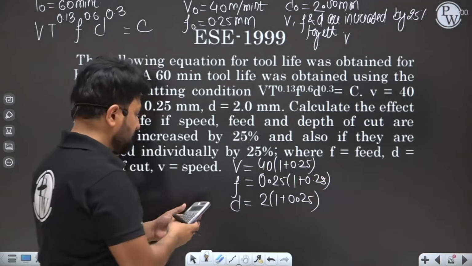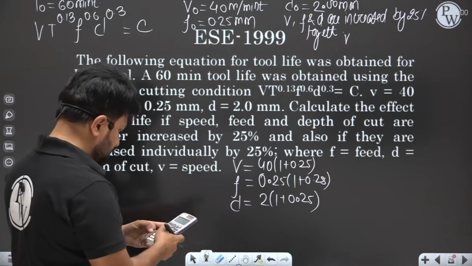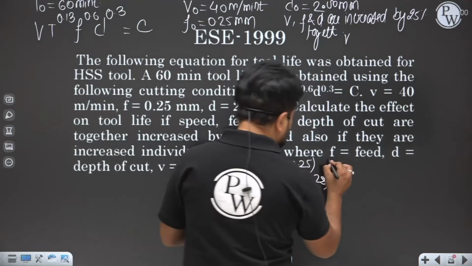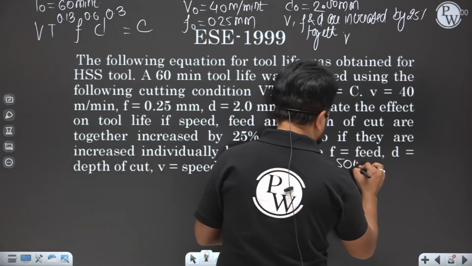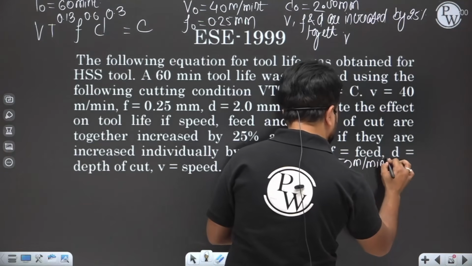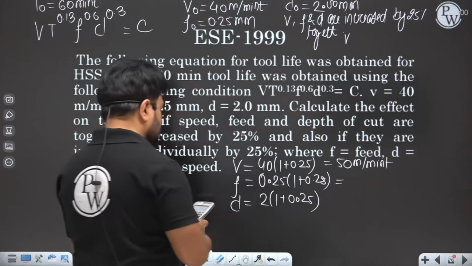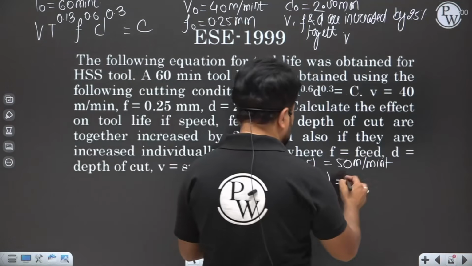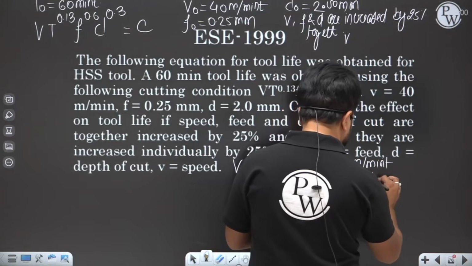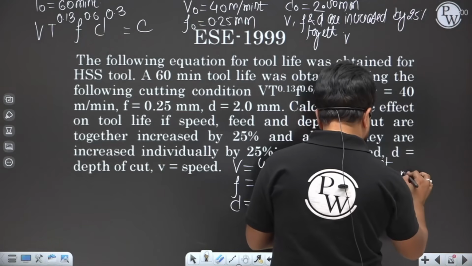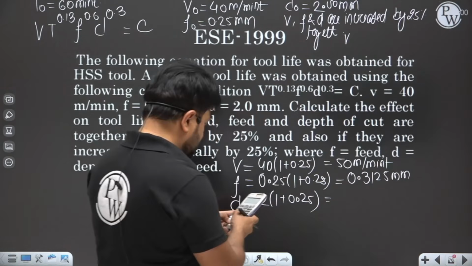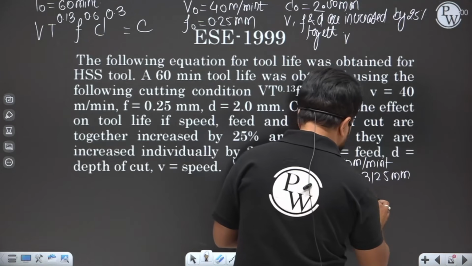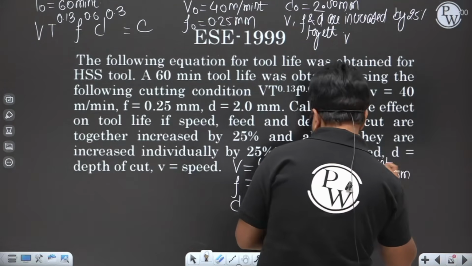Now 40 into 1.25 is 50 meter per minute. 0.25 into 1.25 is 0.3125 mm. And depth of cut 2 into 1.25 is 2.5 mm.